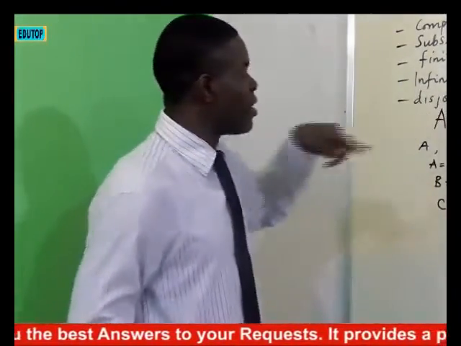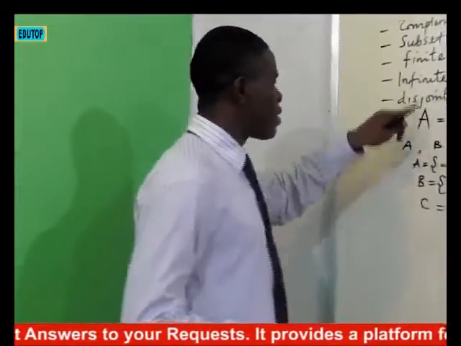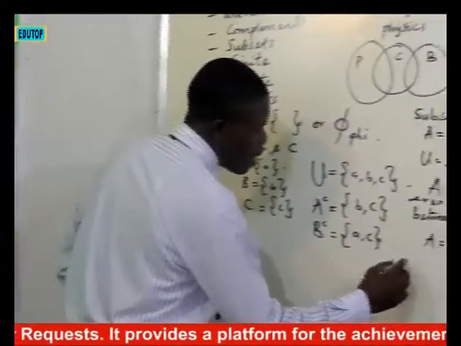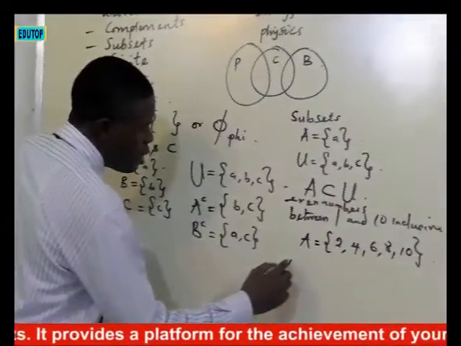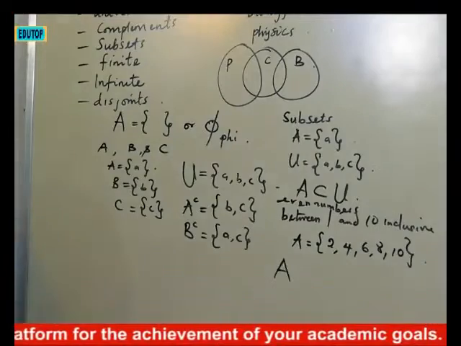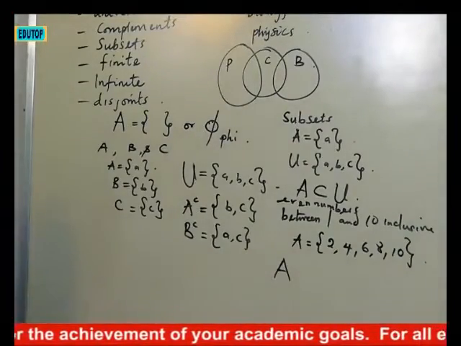Then let's talk about disjoint sets. A disjoint set is a set in which the intersection between the 2 sets is an empty set. What am I saying?